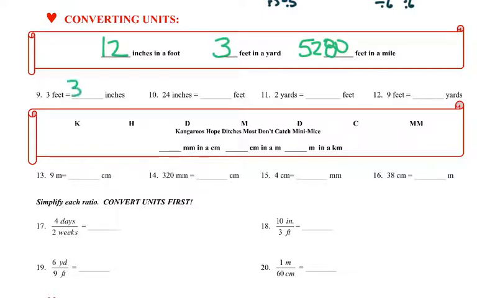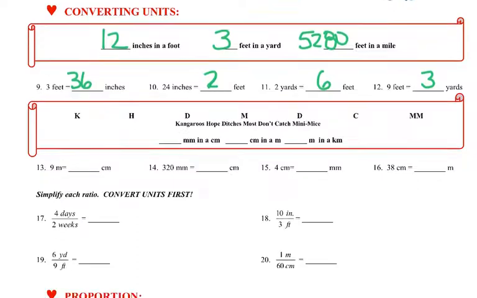Right, 36. If I have 24 inches, how many feet is that? If every 12 inches is 1 foot, 24 inches is 2 feet. If there are 3 feet in a yard and I have 2 yards, then I have 3 plus 3 or 6 feet, right? And if I have 9 feet, 9 divided by 3 is 3 yards. And that should feel comfortable to you.